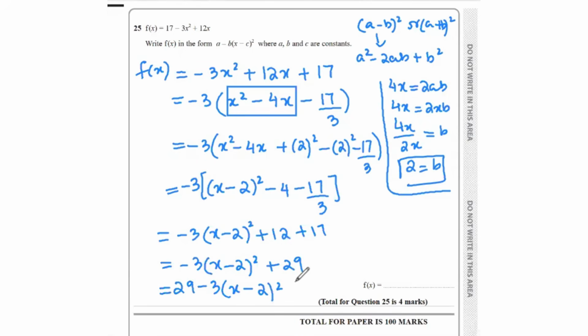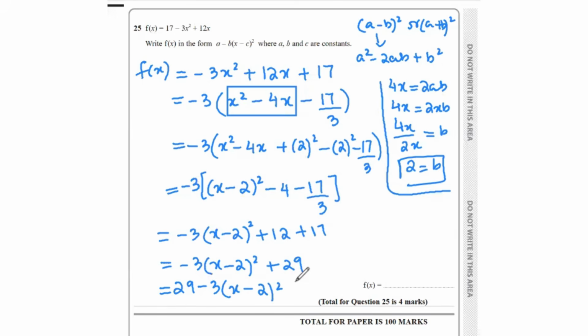So remember, we're trying to complete a square. To complete a square, first we need to see whether the coefficient of x square is 1 or greater than that. Since it's greater than 1 over here, we take that coefficient, negative 3, common from the entire equation. That leaves us with x squared minus 4x minus 17 over 3 in the bracket. Our goal is to complete the x squared minus 4x. That is the square that we have to complete, because that is similar to a squared minus 2ab plus b squared, which basically factorizes to a minus b whole square.